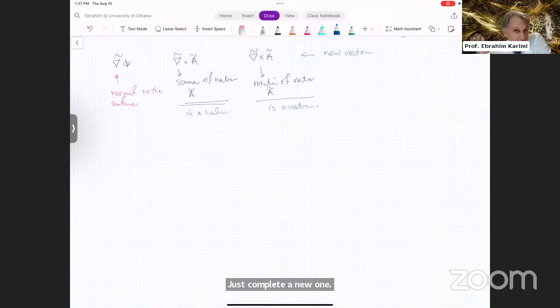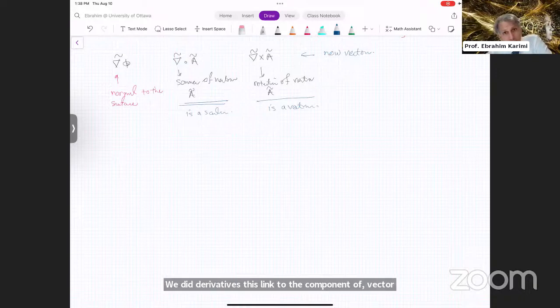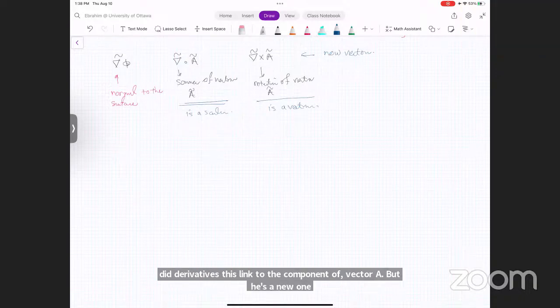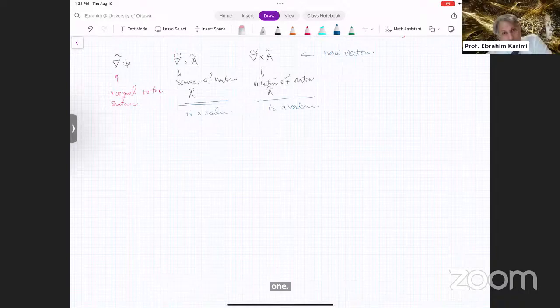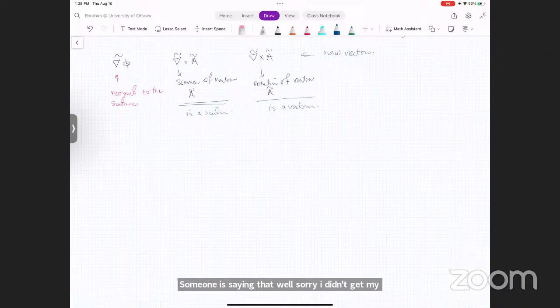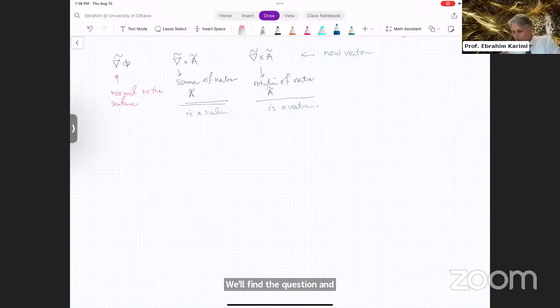With the derivatives, it is linked to the components of vector A, but it is a new one. Perfect. I think that's all. Someone is saying that, sorry, they didn't get their answer. We'll find the question and let you know later. Okay. Thank you very much.